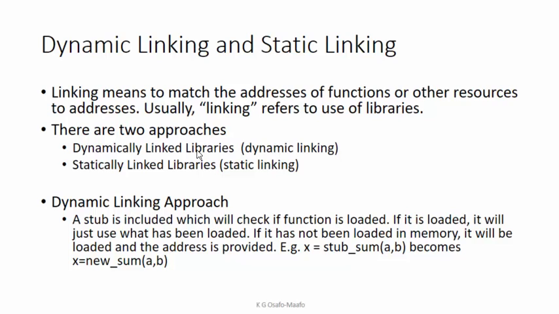The idea of dynamic linking is, for example, I have an instruction that says x is equal to a stub that sums 2 variables. So the instruction would say x is equal to sum stub. We wouldn't call the functions directly.